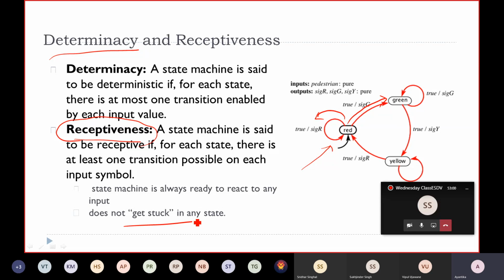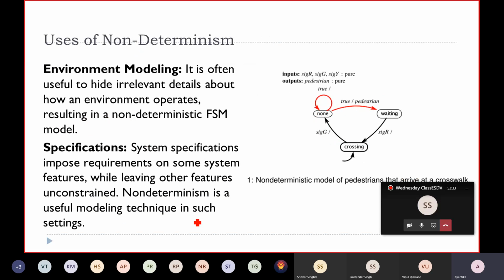From that state, the next state transition should be properly defined. Otherwise, you have to define your final state properly also: from that final state, if there is no transition, then from there you are accepting your output. So deterministic behavior and receptiveness are very important considerations when we are going for FSM design.